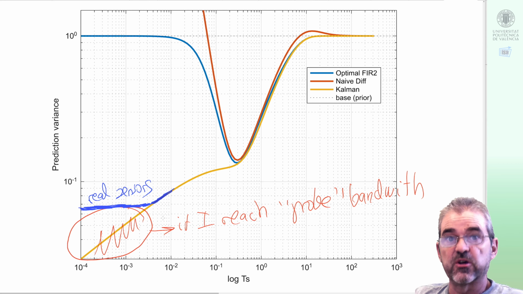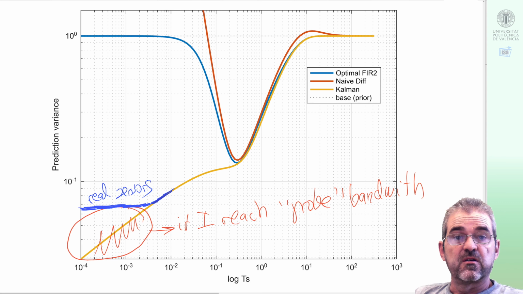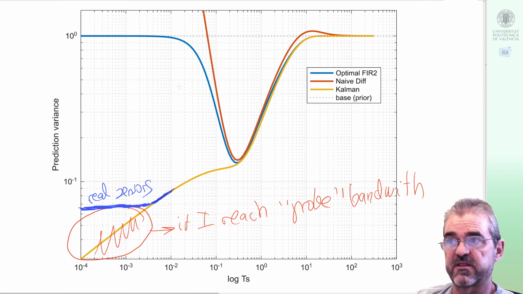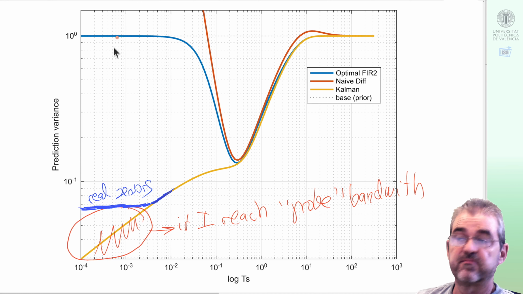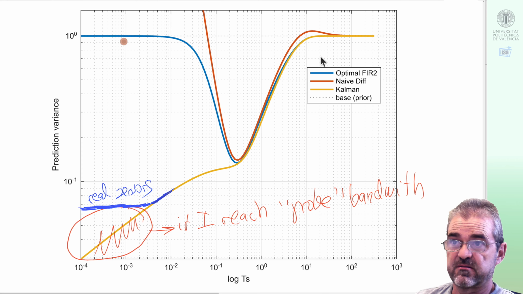But okay, for brevity we are not delving into the details of those mechanisms, so we will conclude the video with a summary of the main things we discussed, which is first that naive finite difference is rubbish at small sampling rates, that there is an optimal 2-position sample estimator which is close to finite difference at large sampling periods, but it's always better than that and never worse than my prior.